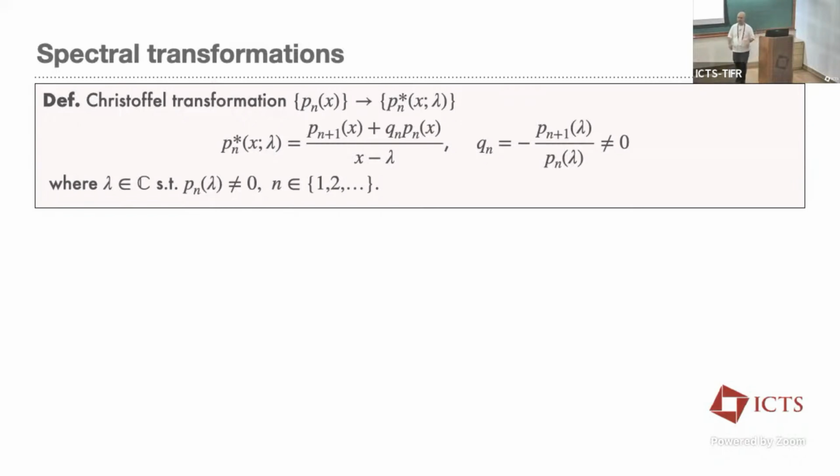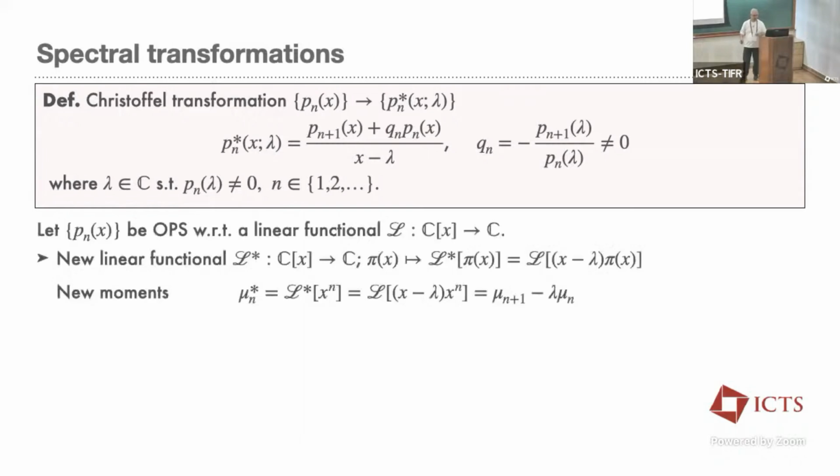By L'Hopital's rule, you can get what Pn star is. Oh yes, in some sense it's quite clear. But what is Pn star? Actually, this Pn star gives us a new orthogonal polynomial system. So this is a transformation from one orthogonal polynomial system into another orthogonal polynomial system.